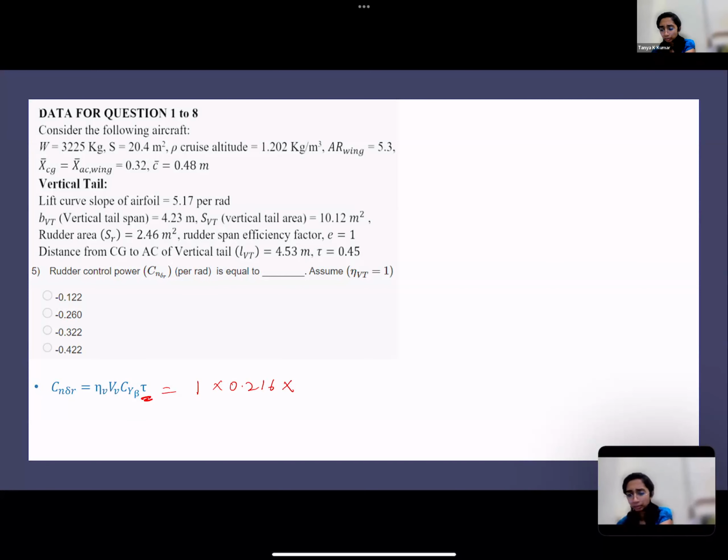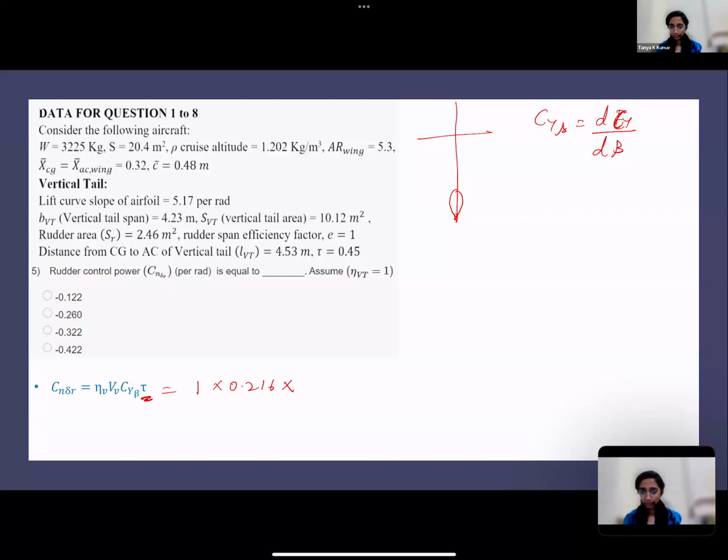What is Cy beta? So you have your vertical tail here. So this is your wing, this is your vertical tail. So Cy beta is something like CL alpha, right? Cy beta is dFy by d beta, where Fy is the force generated. So it's like dCl by d alpha. So it's just the lift curve slope.